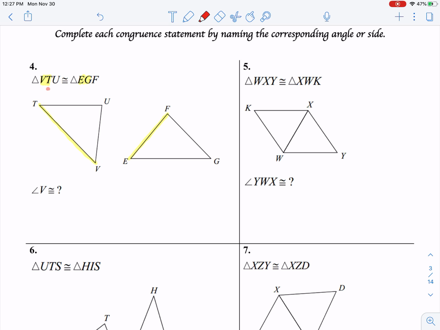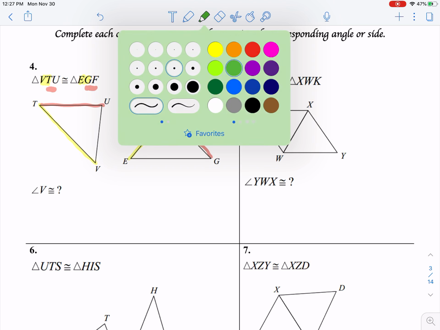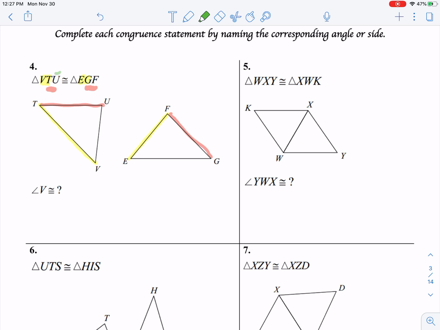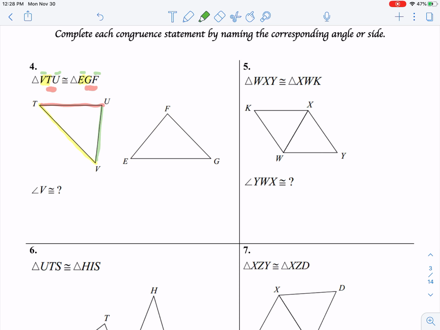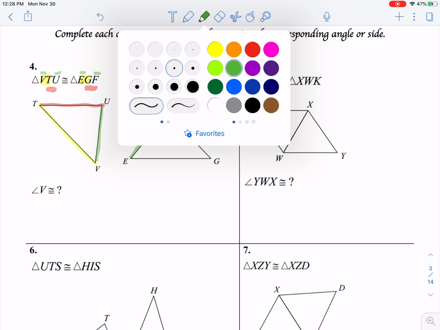And then T to U, G to F. And then last but not least, we have U to V and F to E. Your teacher does not know his ABCs.